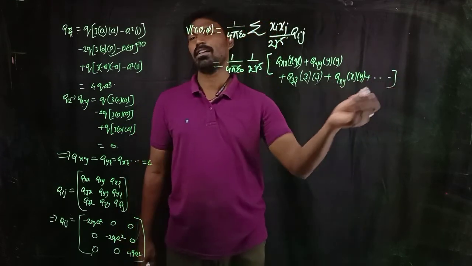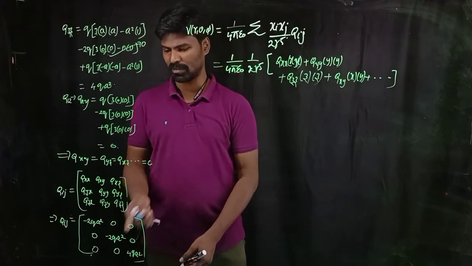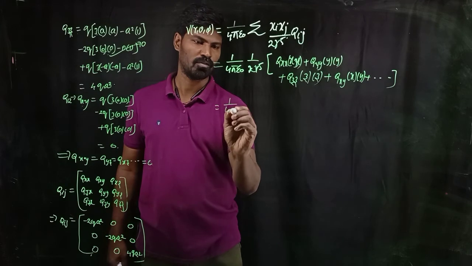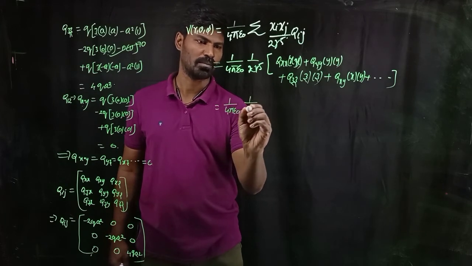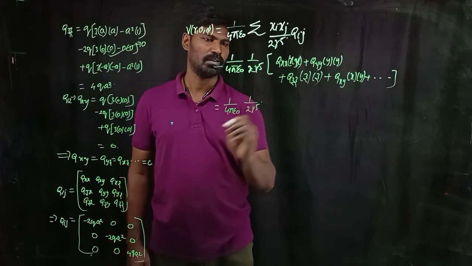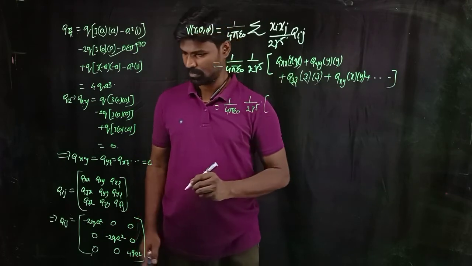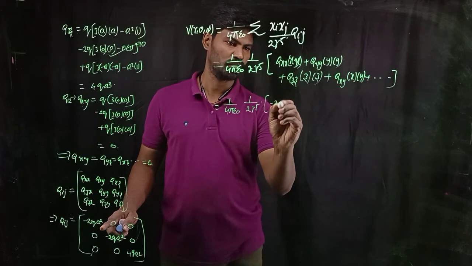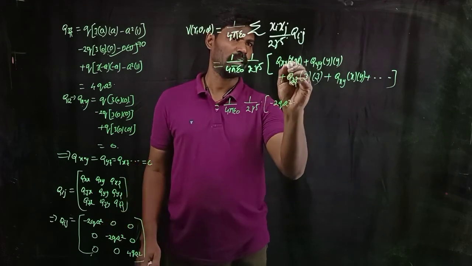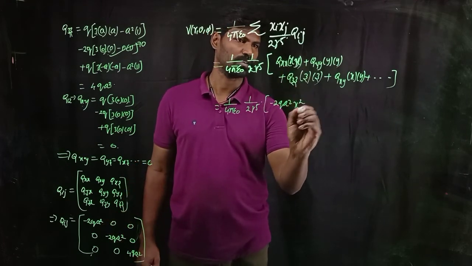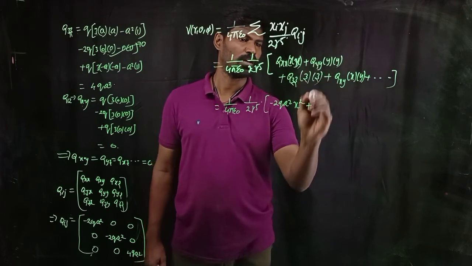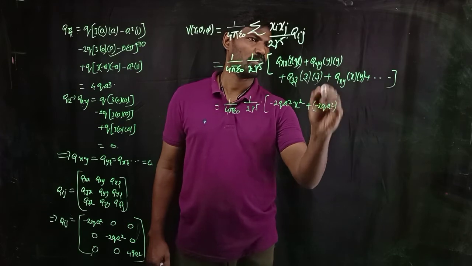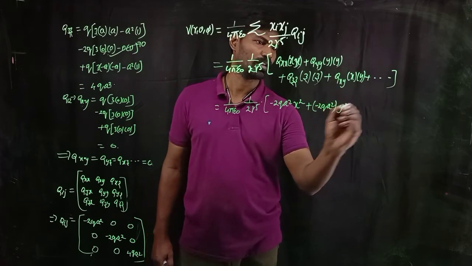I am not writing half diagonal elements because anyhow all the half diagonal elements are 0, okay. So that is equal to how much you will be getting? 1 by 4 pi epsilon naught into 1 by 2r power 5 into, what is the value of qxx? Qxx value is minus 2q a square, so minus 2q a square into x square, plus qyy value is minus 2q a square into y square.